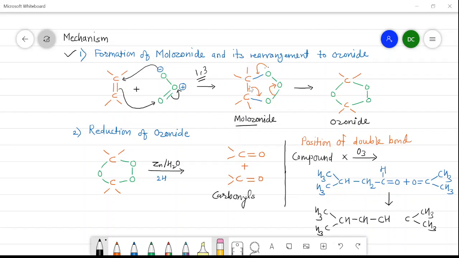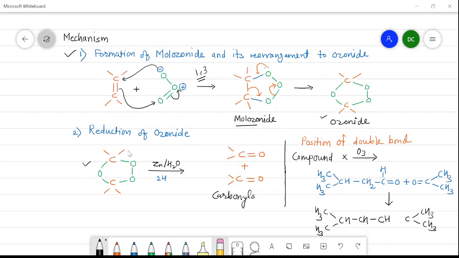See the structure. On one side of the carbon single bond carbon, there are 3 oxygens joined together through single bonds. Now this molozonide will rearrange to the ozonide by the breaking of this carbon single bond carbon. On one side there are 2 oxygens and on the other side there is 1 oxygen. It is called an ozonide.